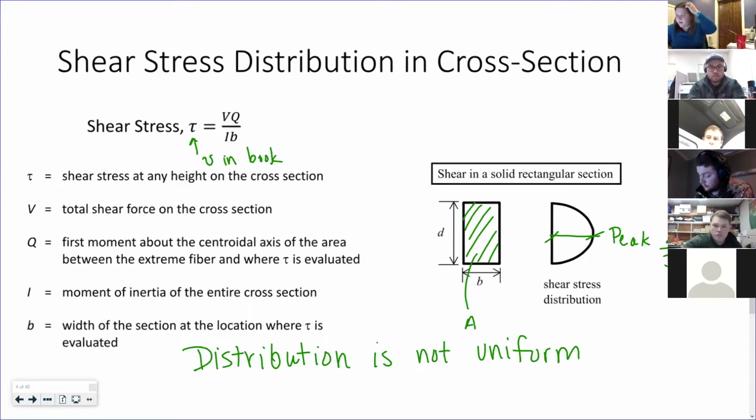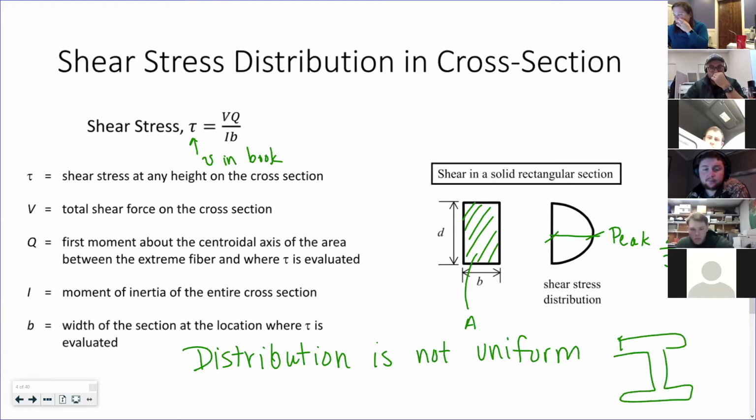Luckily, we're generally talking about a rectangular section, not like in steel. Remember, we're usually talking about a wide flange beam, and the only thing we took into account for shear was just the area of the web. Here, we're talking about something that's probably going to be a rectangle.